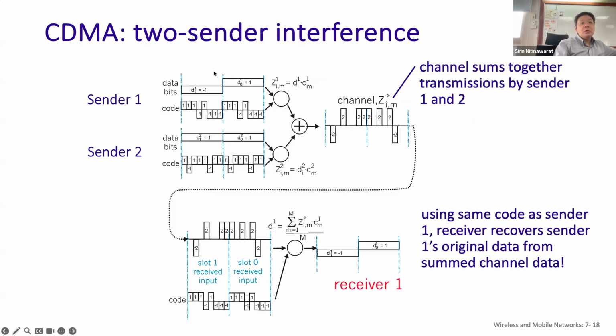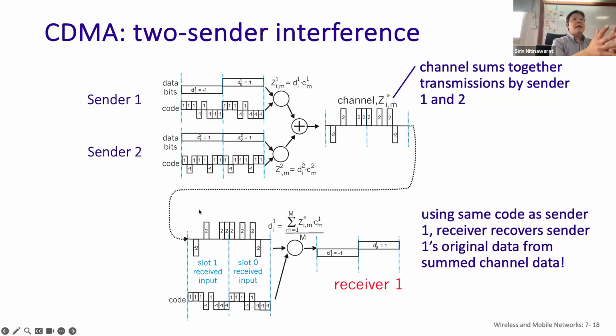So here you have 2 senders, sender 1 and sender 2. The chip sequence for sender 1 is the same as I showed previously. What's different here is the chip sequence for the other sender. The mechanism for communication for each sender is still the same. You multiply the payload signal with the corresponding chip sequence before sending them.